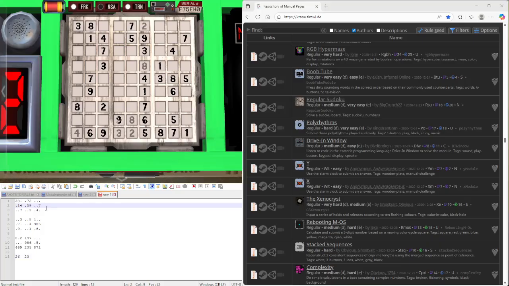This one can be 2 and 6 as well, I think. This one, everything needs to be 3, 6, or 8.